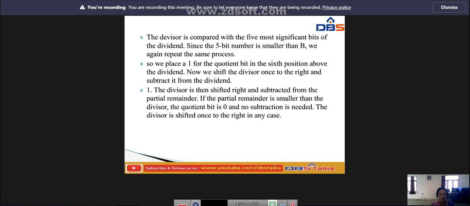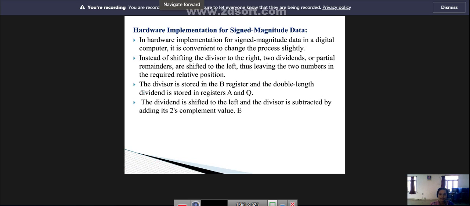If the partial remainder is smaller than the divisor, the coefficient bit is 0 and no subtraction is needed. The divisor is shifted once to the right in any case. The result gives both the coefficient and a remainder. So this is called the division algorithm.